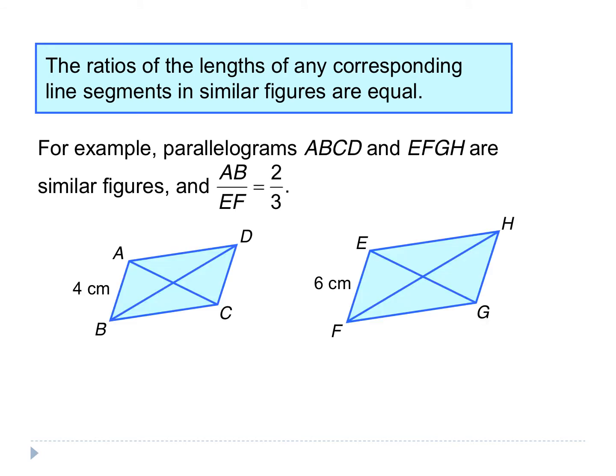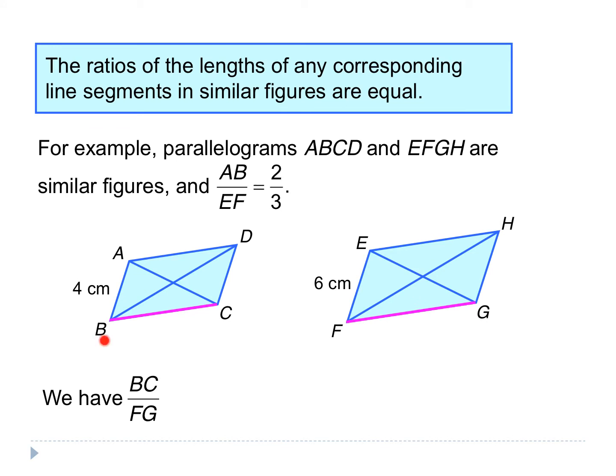So let's look at this example. There are two parallelograms, ABCD and EFGH, and they are similar figures. And we know that AB over EF is 4 cm over 6 cm, which equals 2 over 3. What do we know then?